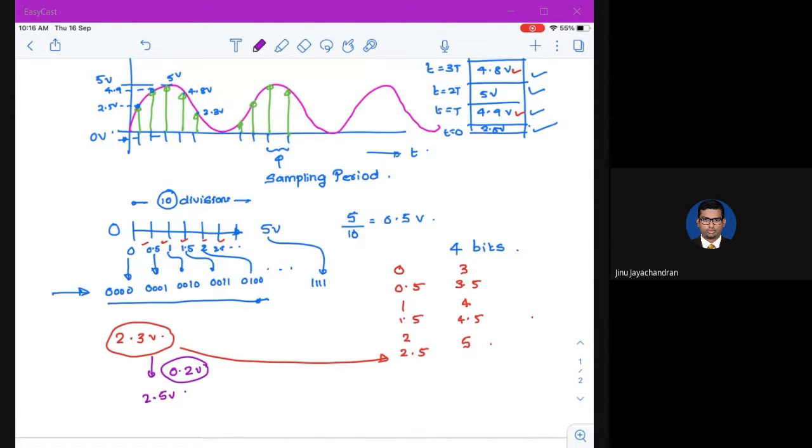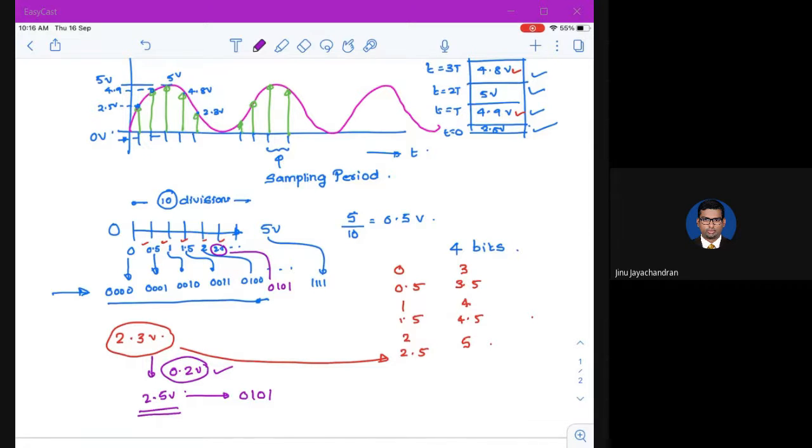It's called quantization noise error. And for 2.5 you have a value assigned here, which is 0101. So now you have converted your voltage into a digital value, but with an error of 0.2 volt.